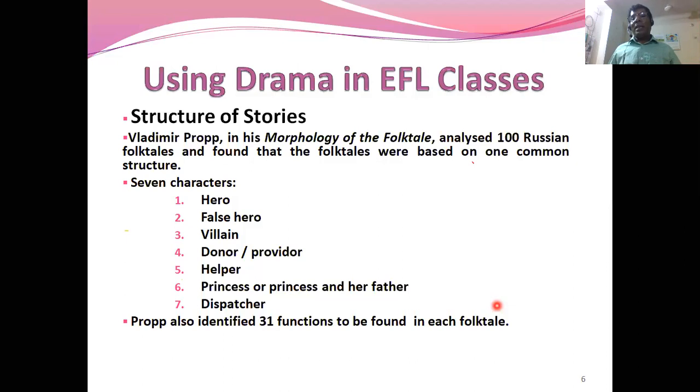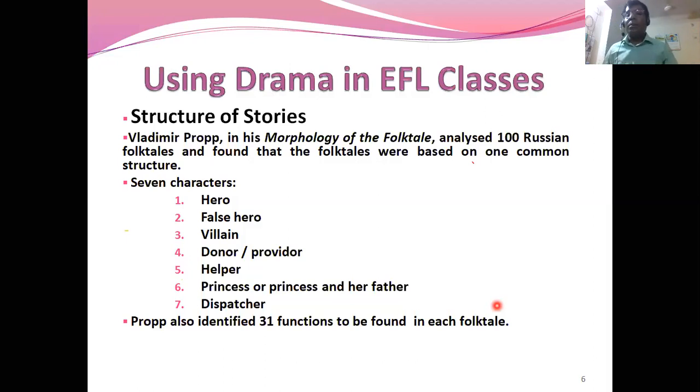Although the 100 folktales tell us 100 different stories, the structure of the stories is the same. On one structure, many things have been put, and these many things have made many stories.